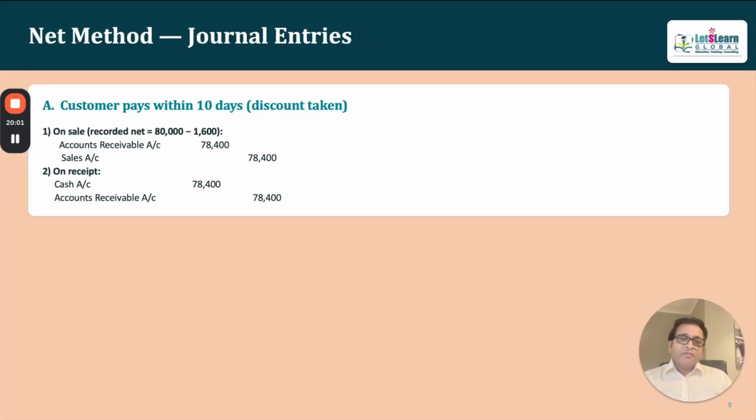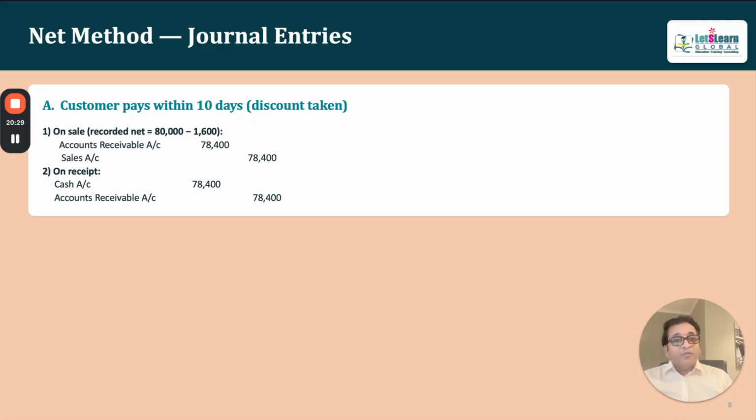In the net method, we expect that the customer is definitely going to pay this amount. So we write the net amount, same like a trade discount. I recorded here accounts receivable debit, sales account credit 78,400 because I'm sure that the customer will come and pay this amount. Yes, the customer came on the 10th day and he paid 78,400, cash account debit, accounts receivable credit. This is very clear.